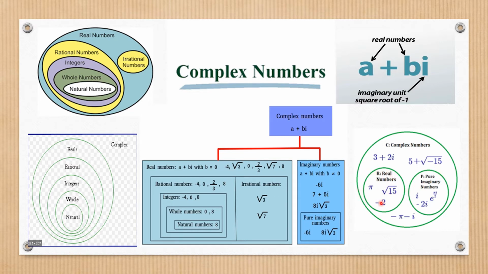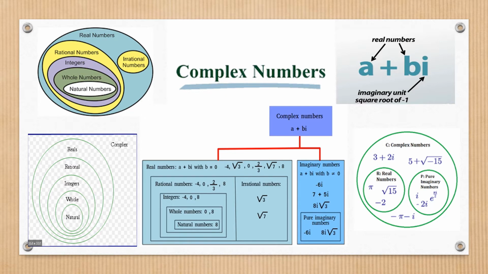The real numbers like pi, -2, √15 are your real numbers. And purely imaginary means it contains only the i terms, like i, -2i. And numbers like -pi, -i. Now, no doubt, real numbers can also be expressed as complex numbers like -2 + 0i, √15 + 0i, and like this.